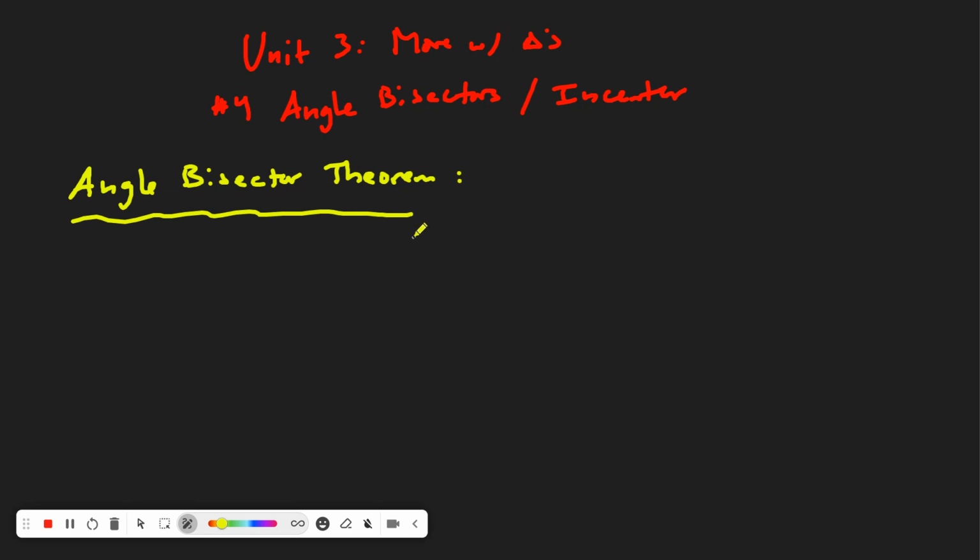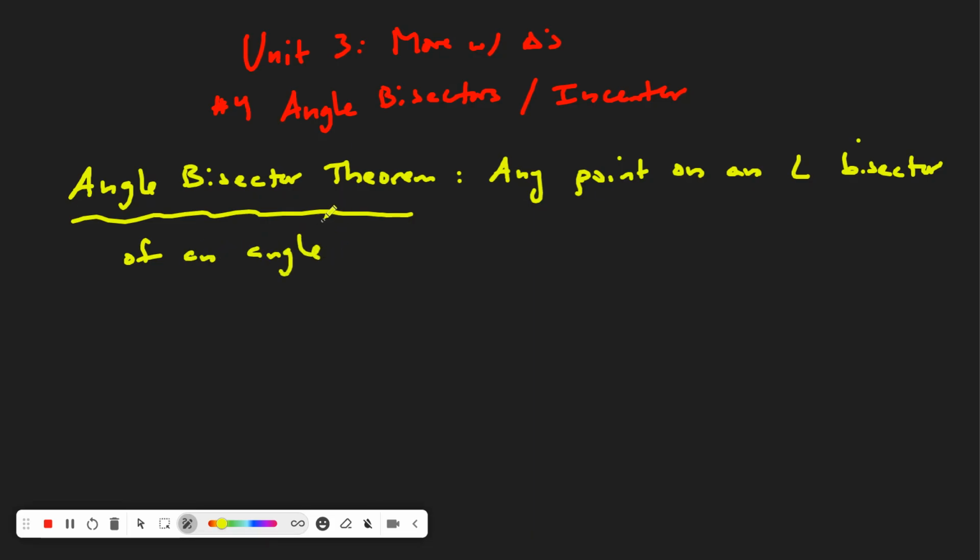The angle bisector theorem states that any point on an angle bisector of an angle is equidistant, again that means equal distance, from the sides of the angle.